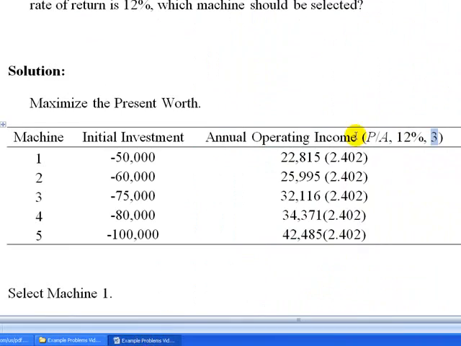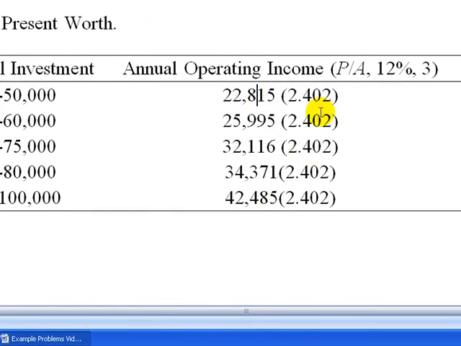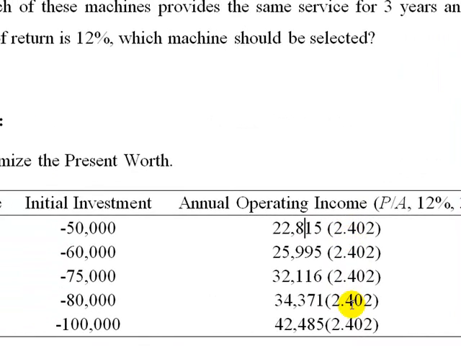So we multiply these numbers by 2.402. That's the same for each machine.